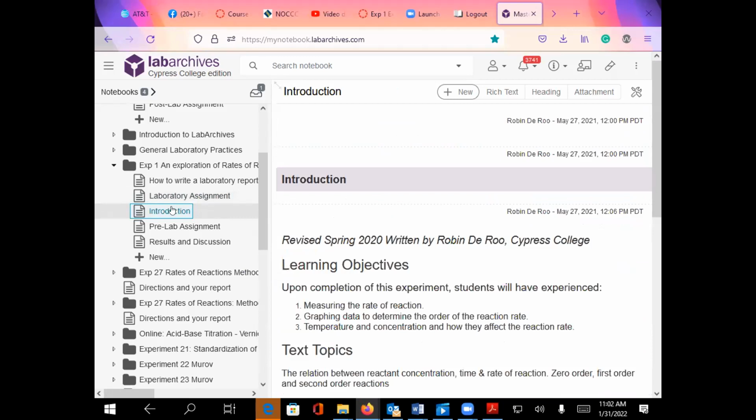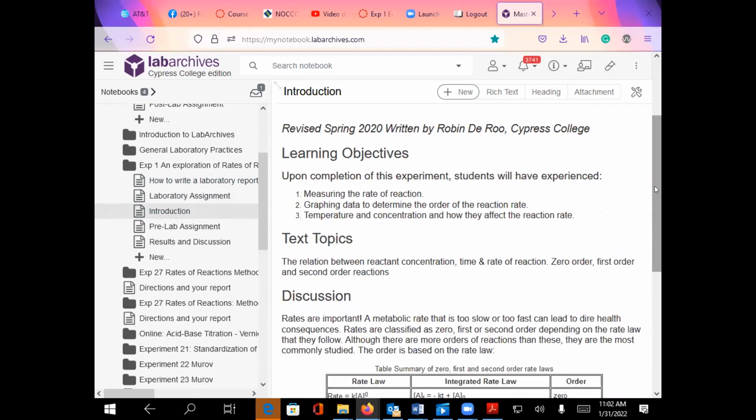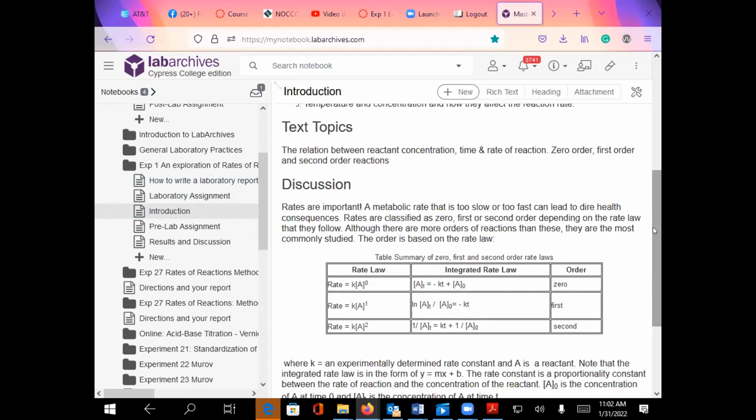Okay, here's the experiment. You notice that we're talking about rates and graphing to determine the rate. What are our topics? This should look familiar.